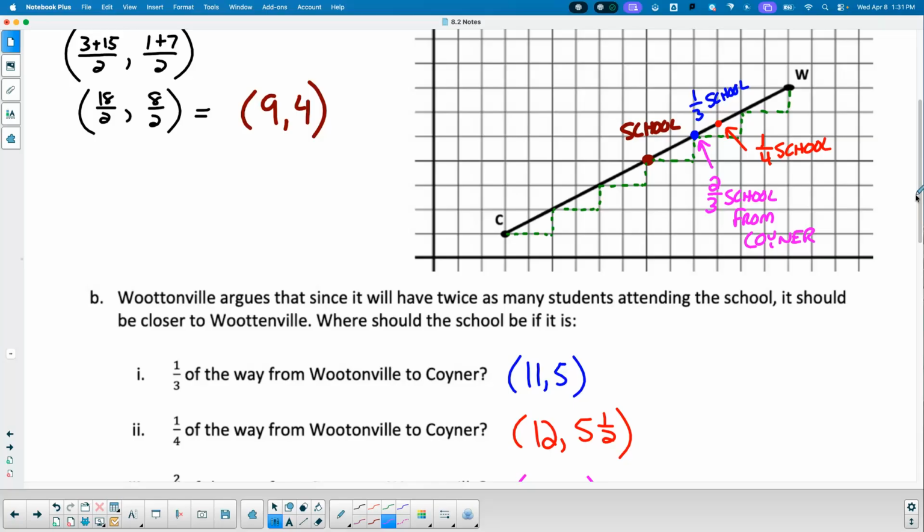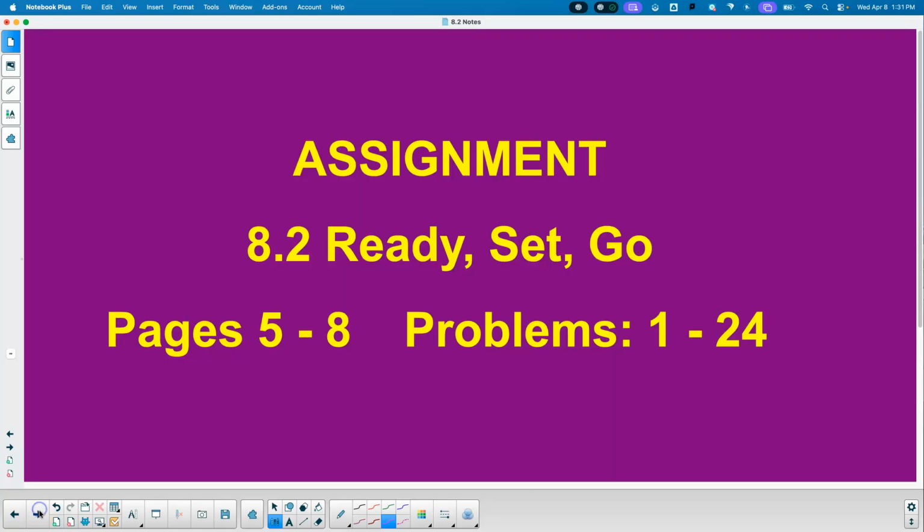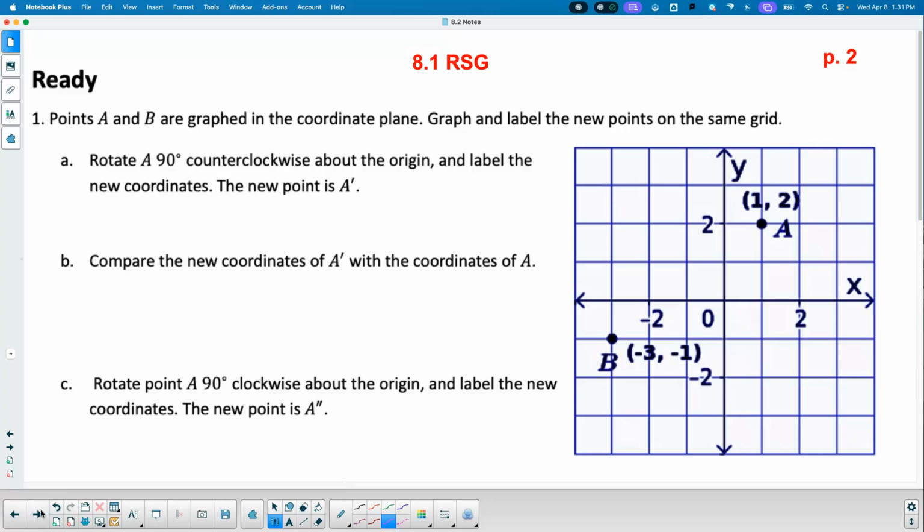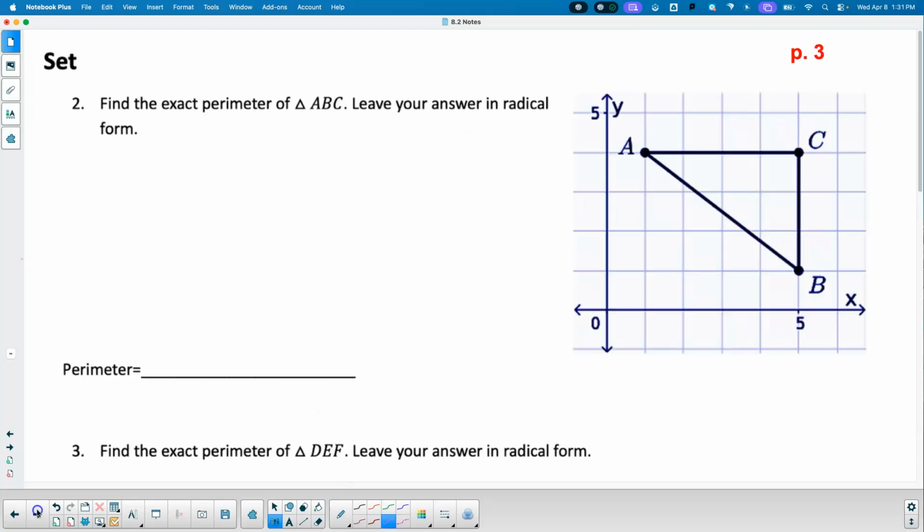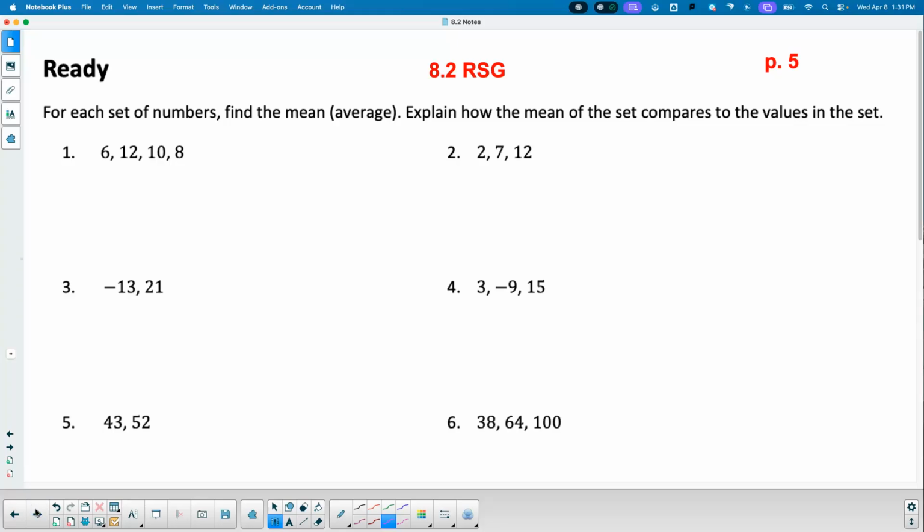Alright? Let's quickly go through the homework for tonight. How do I do these first 6? Add them up and divide by the number of terms there are.